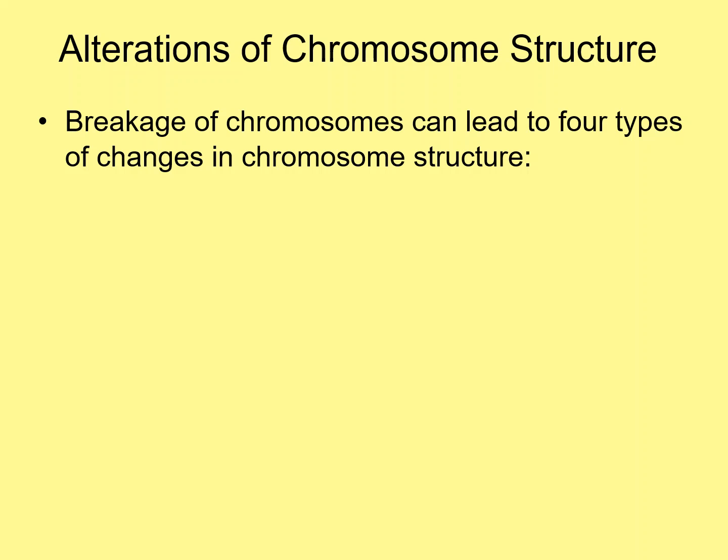What happens when you have your chromosomes lining up on your metaphase plate, or during the process of crossing over in meiosis, is that you may have crossing over occur, and then you're pulling those chromosomes apart, and that can be somewhat violent. We also have errors that occurred during DNA replication that were not caught by our spell check function, which we're going to look at later on when we talk about DNA replication.